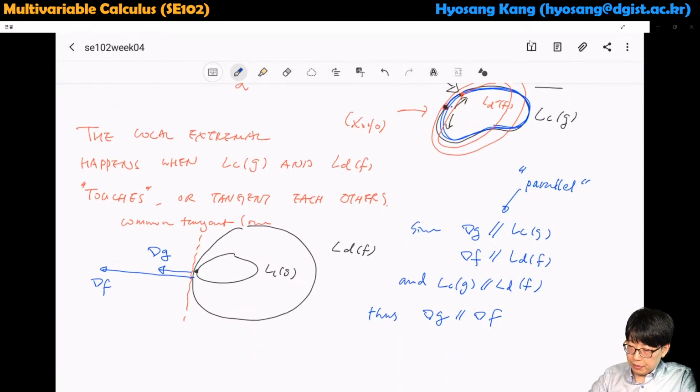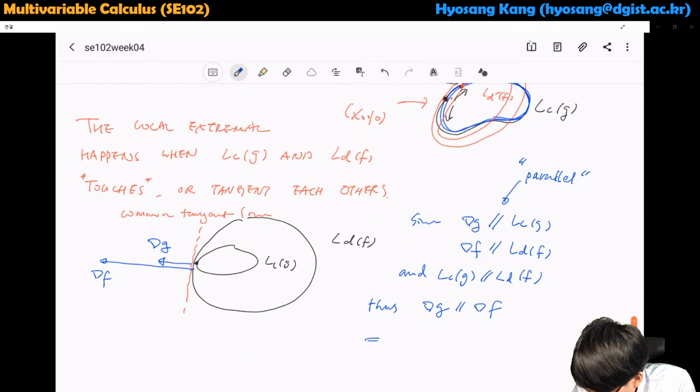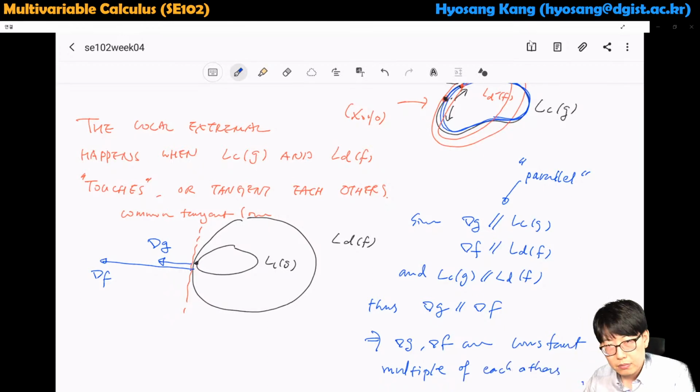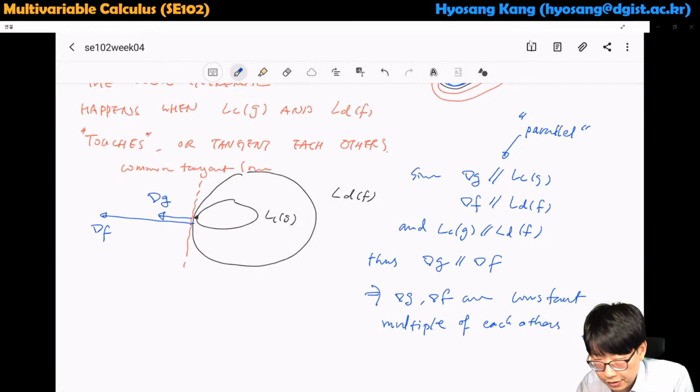So when these 2 vectors are parallel, G and F are constant multiples of each other. So that means lambda is a constant.